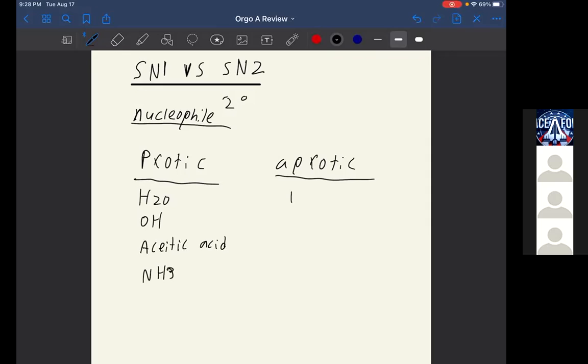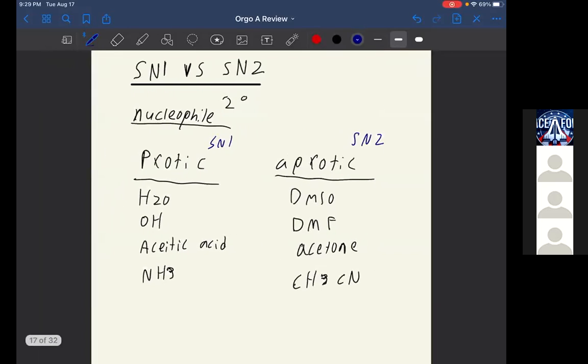And then for aprotic, you have DMSO, DMF, acetone, and CH3CN, which I forget the name for, but those are your aprotic and protic. And then once again, this prefers SN2, this prefers SN1. So those are all the basics for SN1 and SN2 that allow you to actually solve the problems.